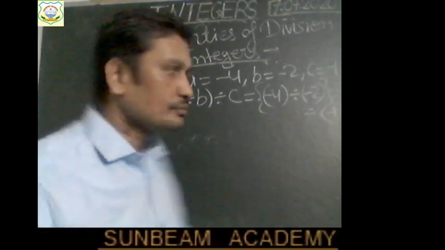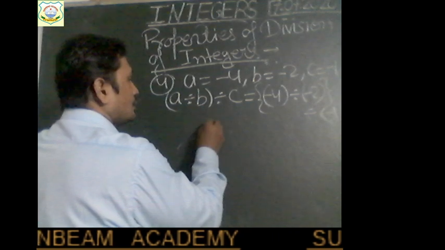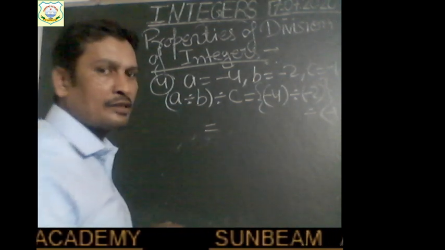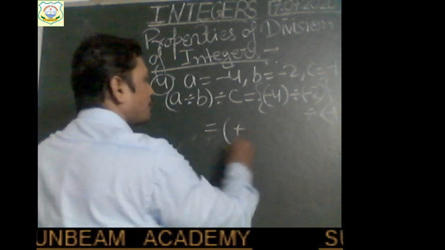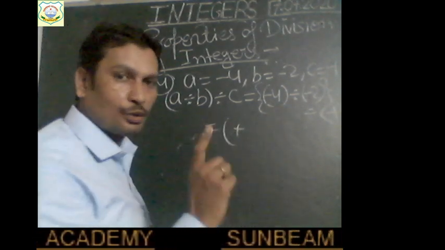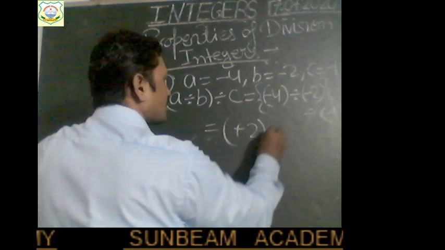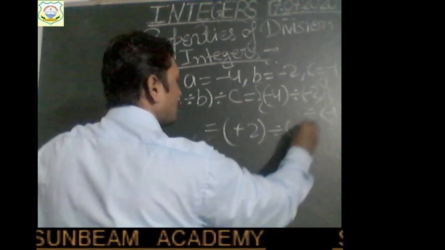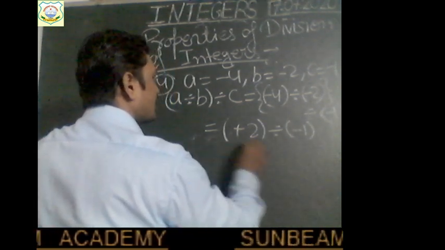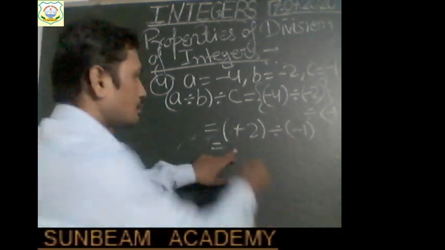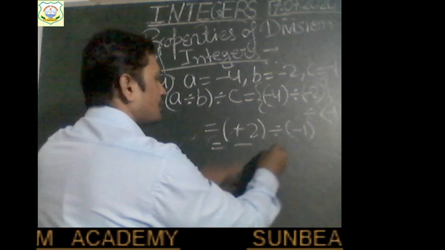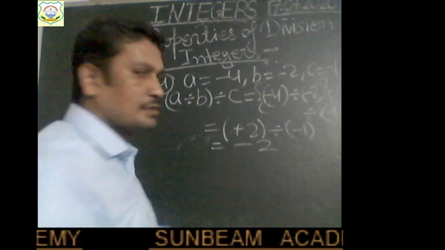So you get minus 4 divided by minus 2. Minus and minus will become plus, and 4 divided by 2 equal to 2. Plus 2 divided by minus 1, and what do we get, children? Plus and minus becomes minus, and 2 divided by 1 equal to 2.